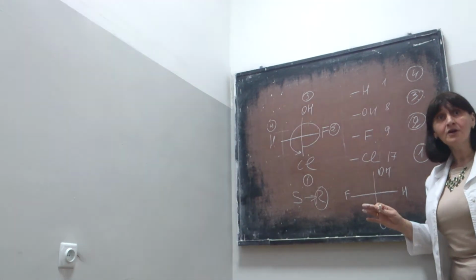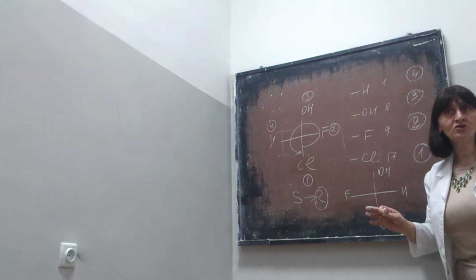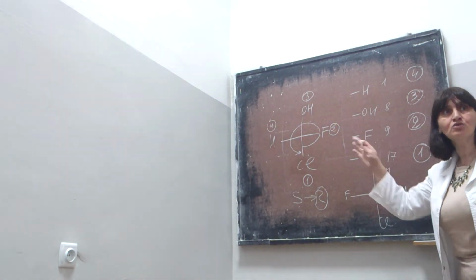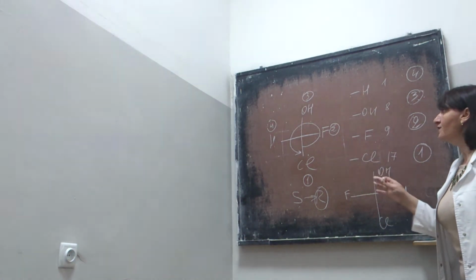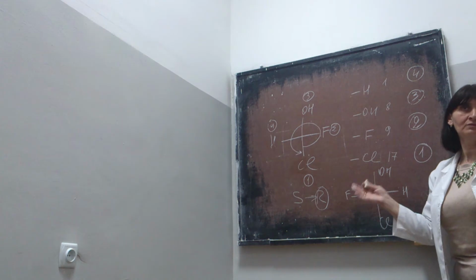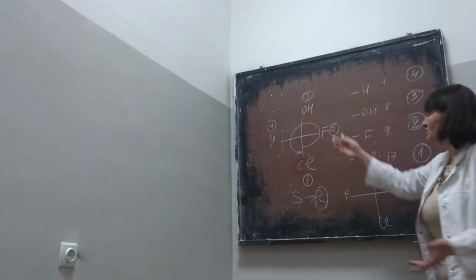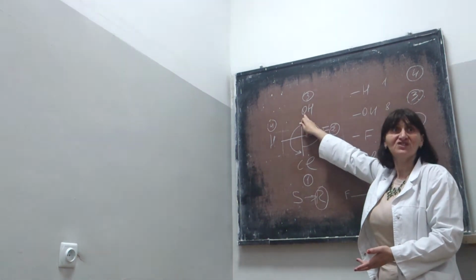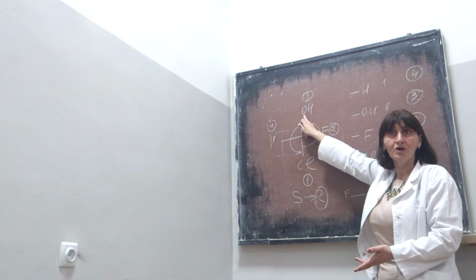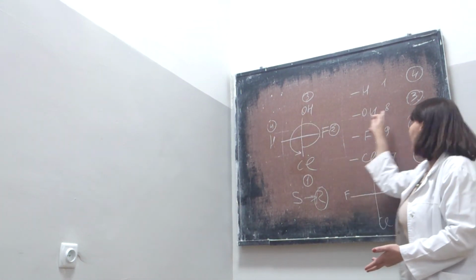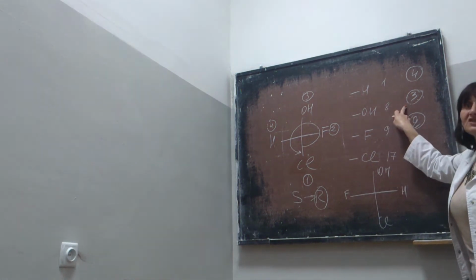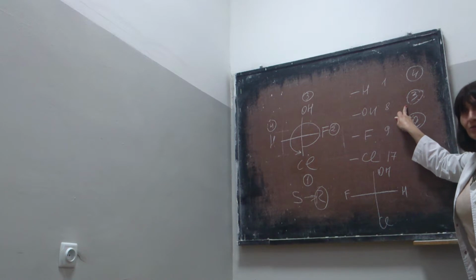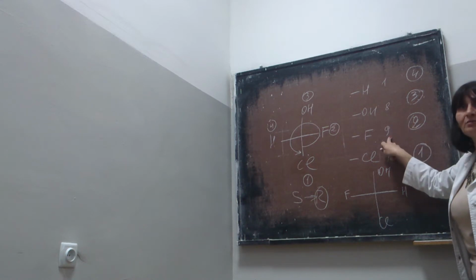If you have only a monoatomic substituent, you can use its atomic number directly. If you have a polyatomic functional group or substituent like OH, look at the first atom. Its first atom in this case is O, and oxygen's atomic number is 8, so its priority number has to be 3, because fluorine has atomic number 9.